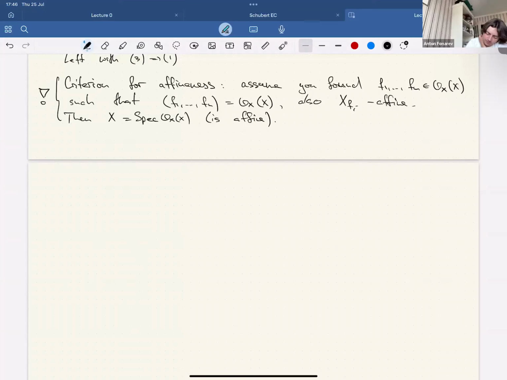So step 1, let x in X be a point. Then by definition of a scheme, x is contained in U, where this is an affine neighborhood.